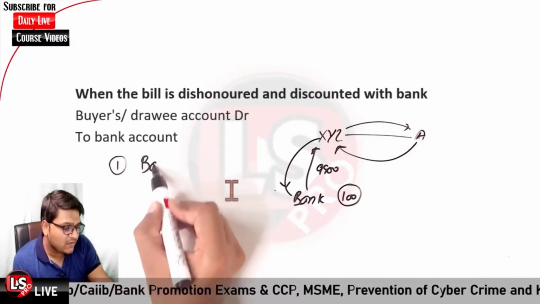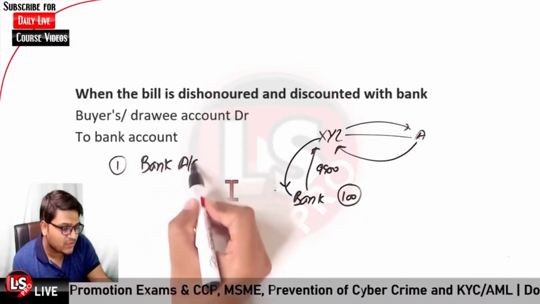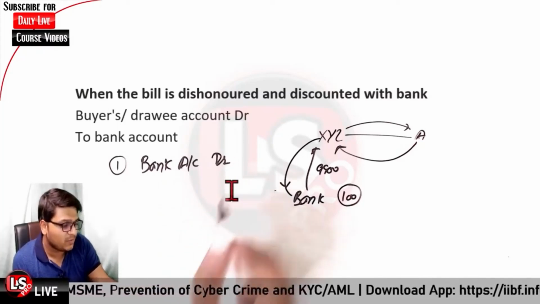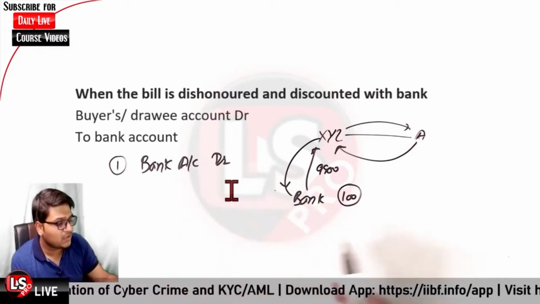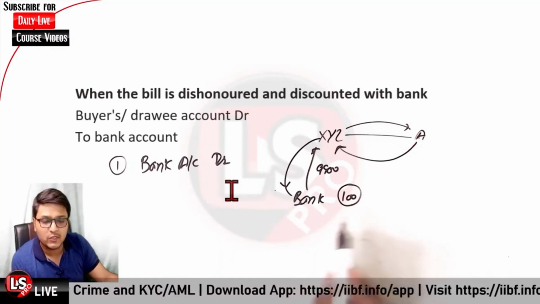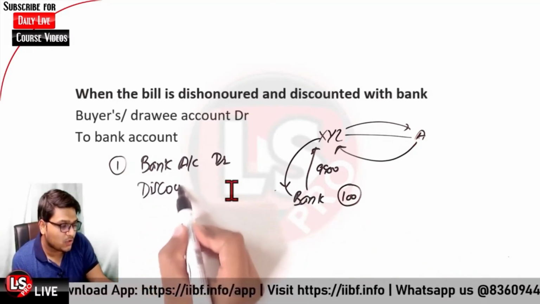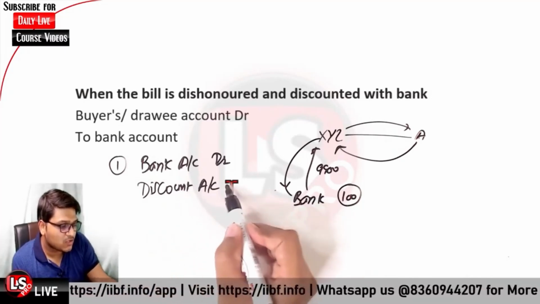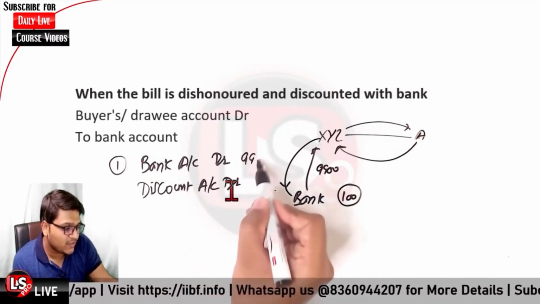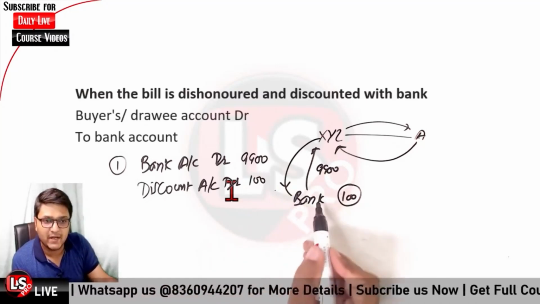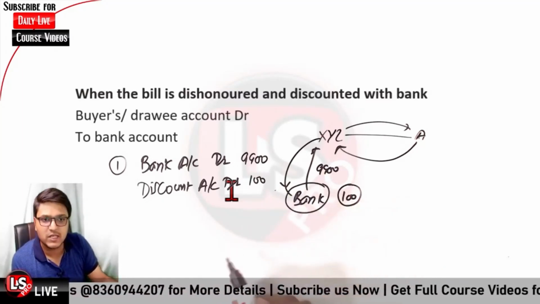Because you have received the amount in your bank account, which is a real account, it is to be debited. So bank account was debited, and there was a discount of rupees 100, which is an expense for you, so discount account was also debited. You received 9900, and 100 rupees the bank deducted as interest and other charges.